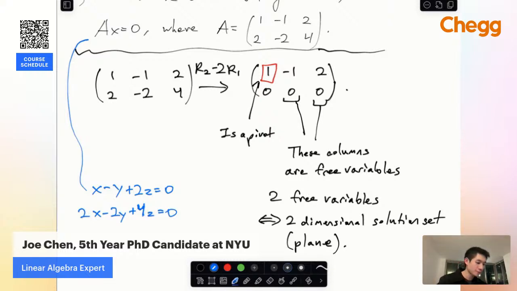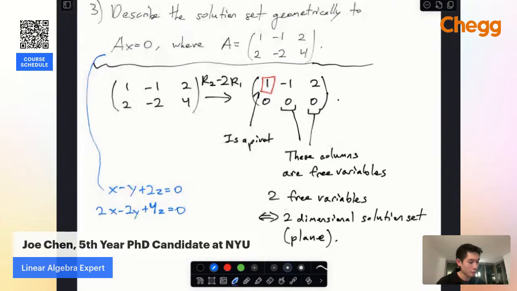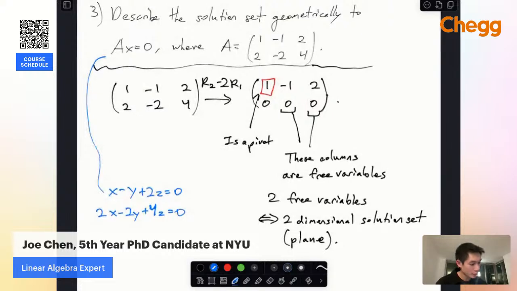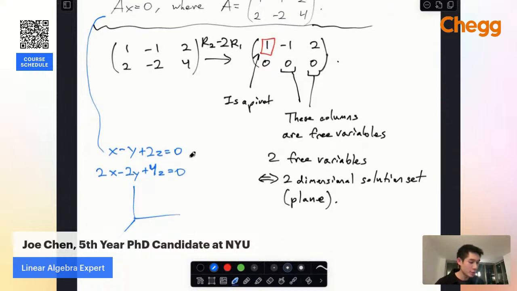And so here we have 3 variables, and so the solutions are going to be in R3. So if you were to graph it, it would be like this. But here we have 2 equations.